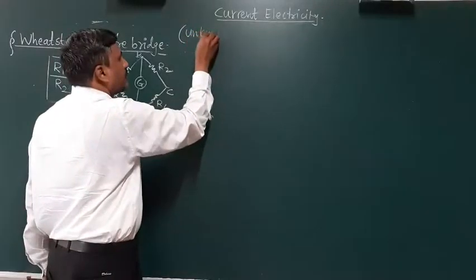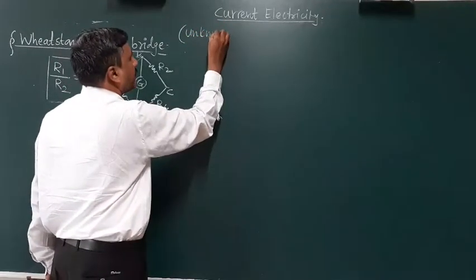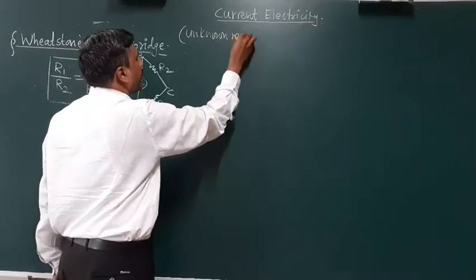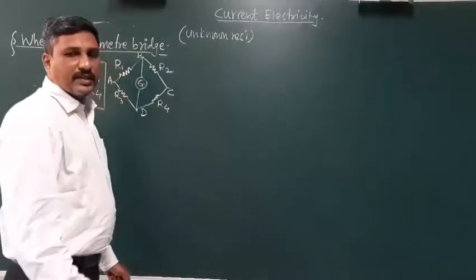Today we see the applications of the Wheatstone's balancing condition, and the first application is the Wheatstone's meter bridge. Using this Wheatstone's meter bridge, we determine the value of an unknown resistance.